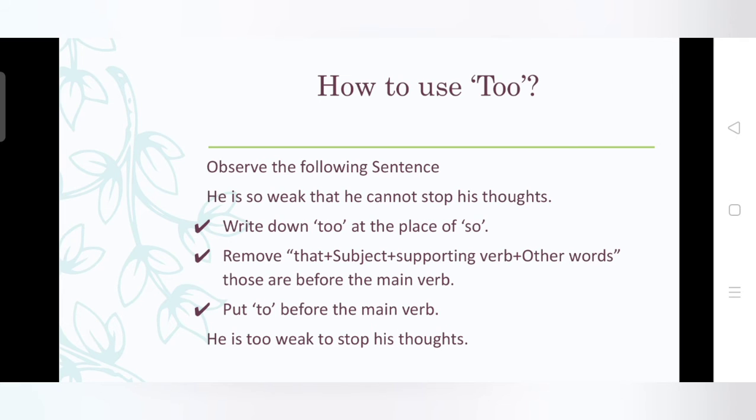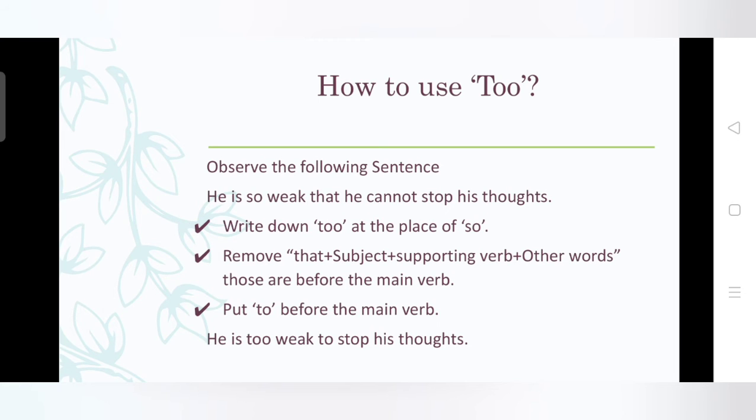Now what should I do? Write down too at the place of so. This is the first thing I should undertake. Here the word so has been written before weak. So I should remove the word so, and in its place I should write down the word too. Second thing, remove that plus subject plus supporting verb plus other words. I should remove all these words given in the above sentence.